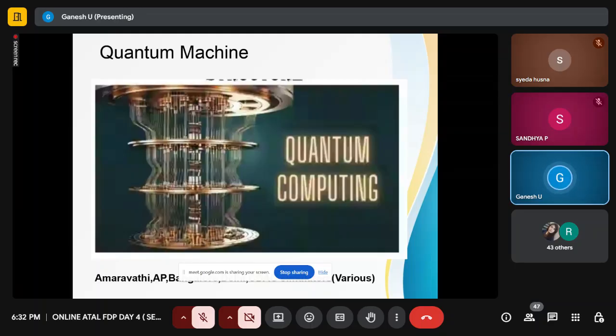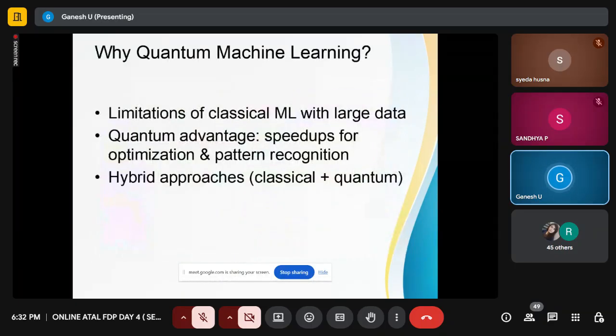We have very few quantum machines, quantum processors. Throughout the world, we have approximately 100, near to 100 or more than 100, real-time quantum computers.